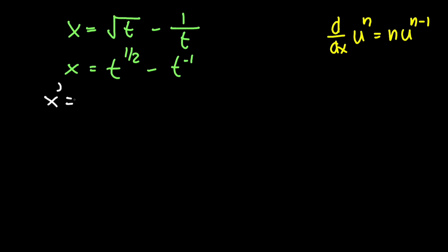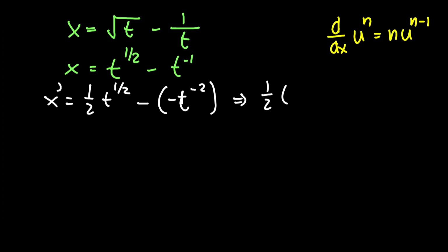So x prime right here would be equal to 1/2 t to the power of 1/2 minus 1, which is equal to 1/2 minus 1 multiplied by -1, which would be equal to -1 multiplied by t, which is simply -t. -1 minus 1 would be equal to -2. And for your final answer, it would be equal to 1/2 t to the power of 1/2 plus t to the power of -2.